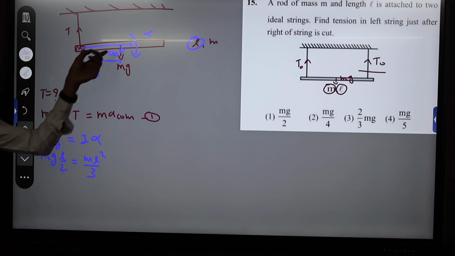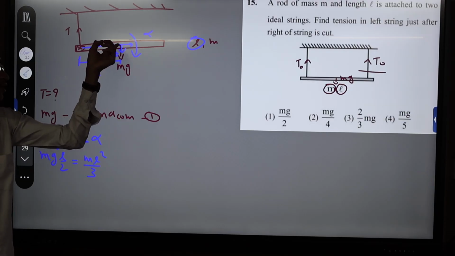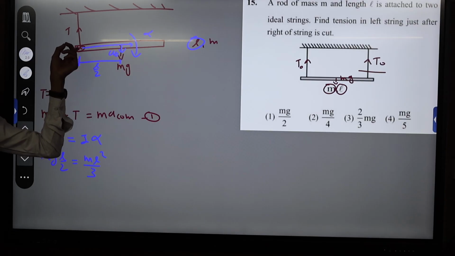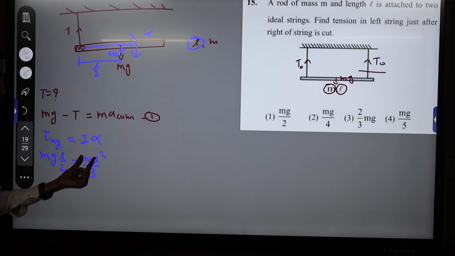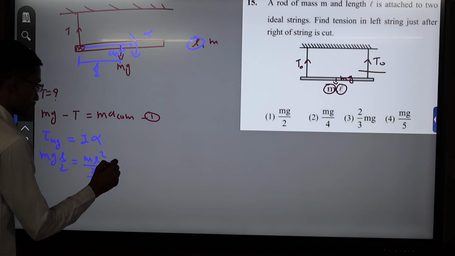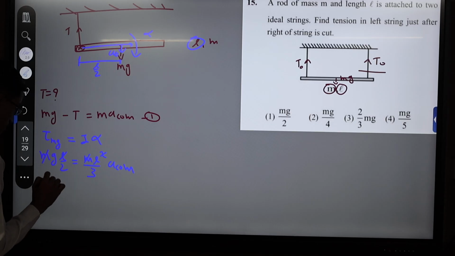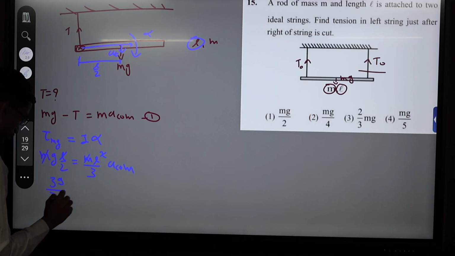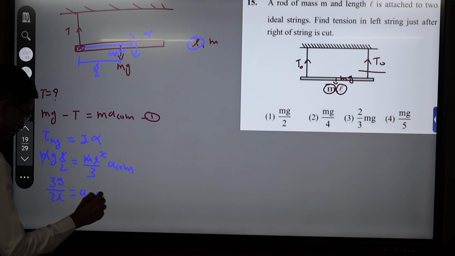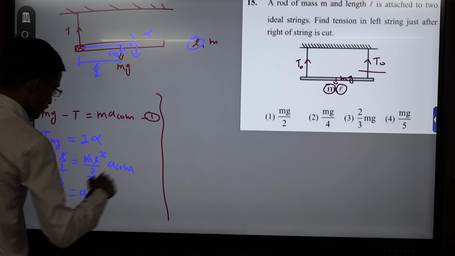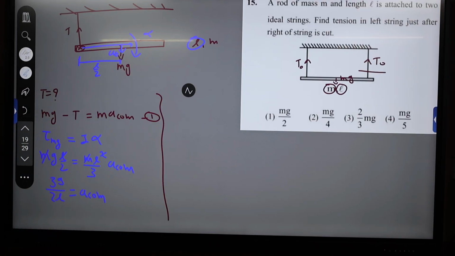If it rotated about its center, the moment of inertia would be mL square by 12, but it is rotated from this end, so it is mL square by 3 into alpha. Simplifying further, m cancels, L cancels, so 3g by 2L is equal to alpha.